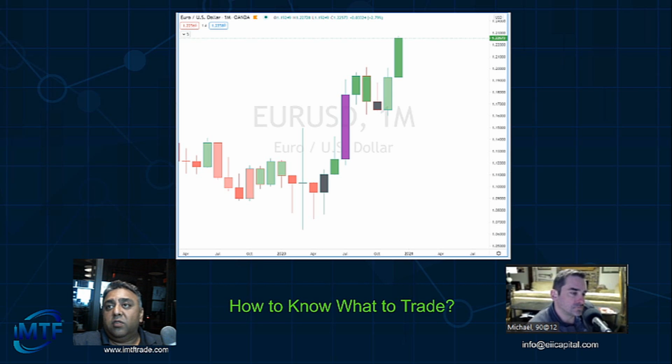For example, this is December. We're about 17 days into December. At the beginning of December 1st, I ran the scanner and found all the TNTs on the monthly time frame for currency, stocks, and so forth. That gave me a list to trade this month, so that keeps me focused. Now, you're going to scan on the monthly time frame. Doesn't mean you have to trade on the monthly.